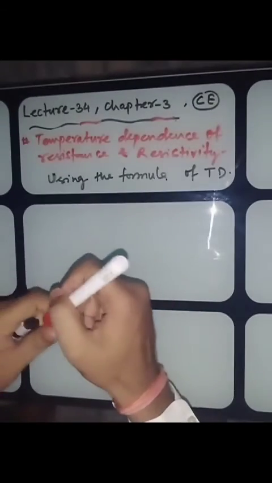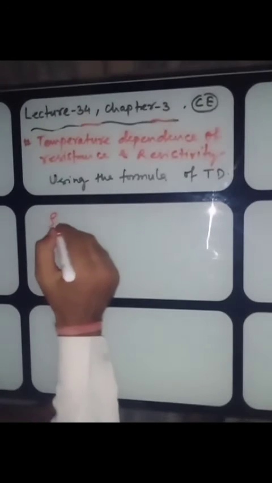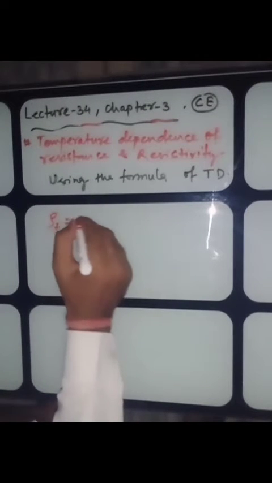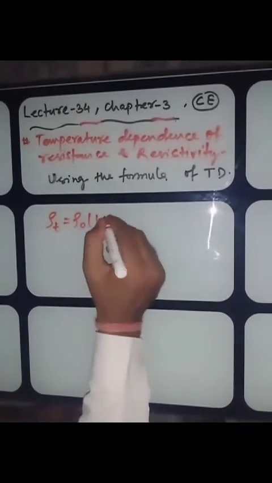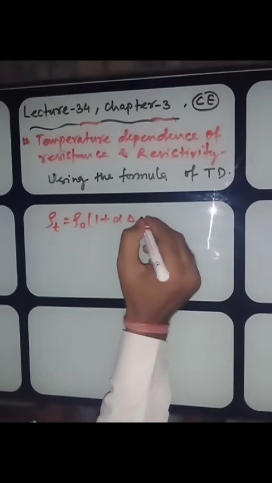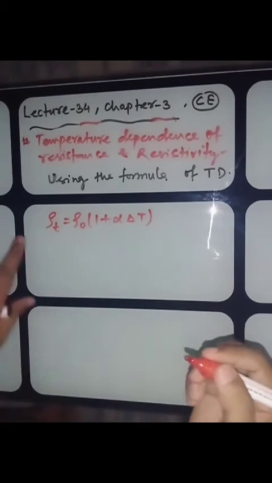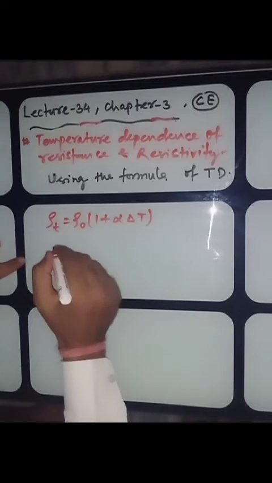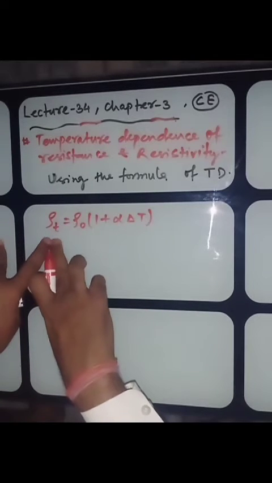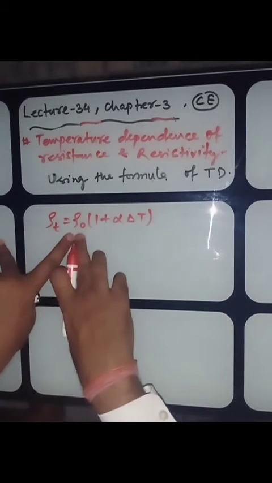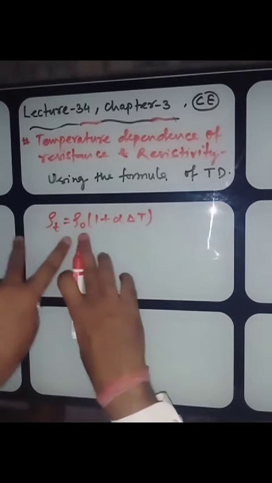So here we can write directly rho_T equals rho naught (1 + alpha delta T). Here rho_T is the resistivity at temperature T. Rho naught is the resistivity at the reference temperature.